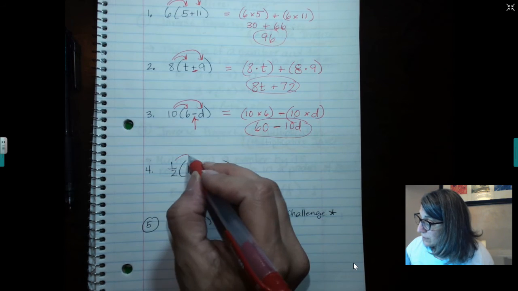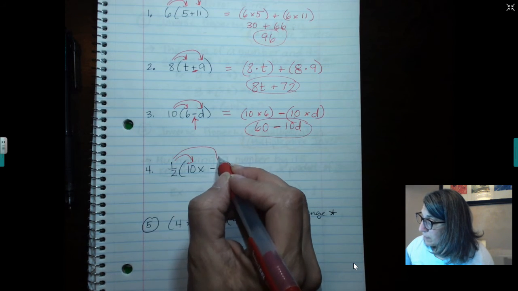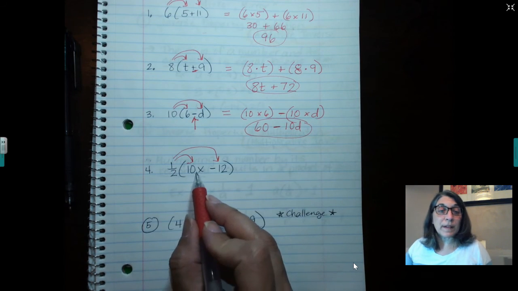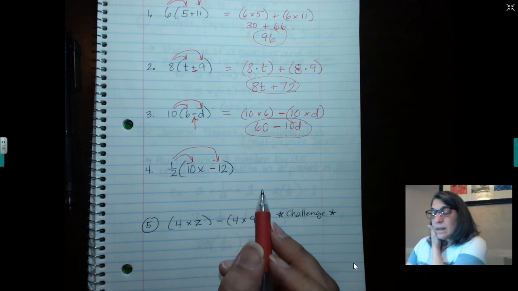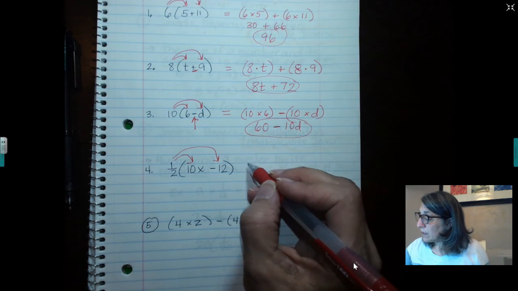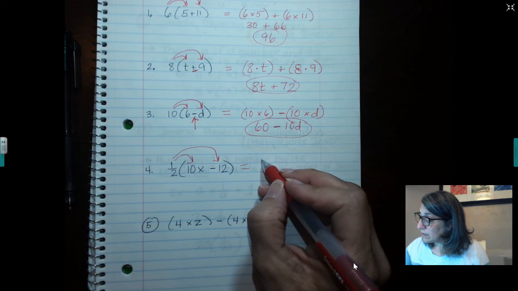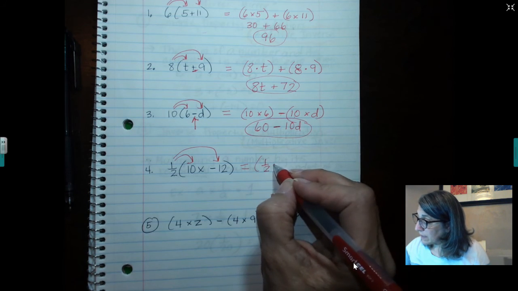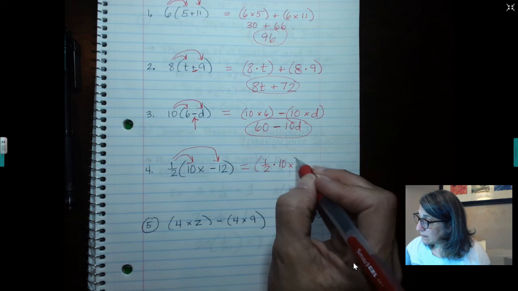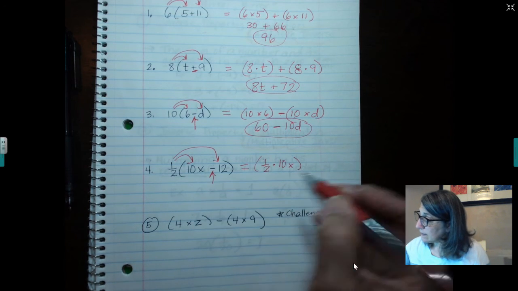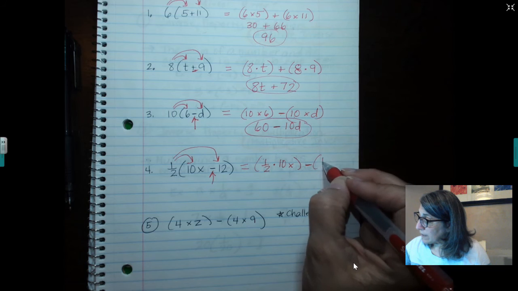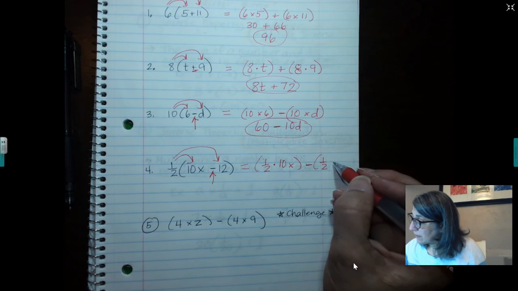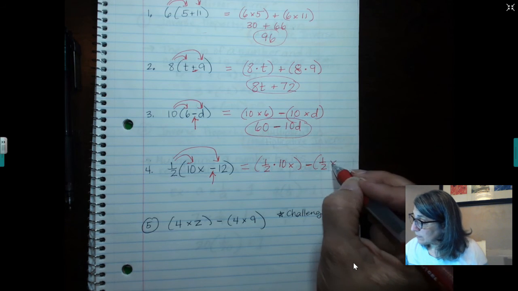Okay, let's do fractions. All right, remember, we're going to multiply 10x by 1/2 and 12 by 1/2. So we're going to distribute it out. 1/2 times 10x minus 1/2 times 12.